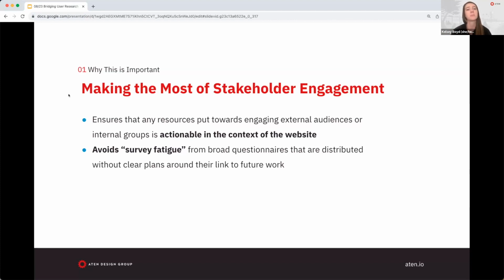We also see this as potentially having the ability to avoid survey fatigue, in that, again, we're avoiding that lack of clear direction from any engagement or surveys that are distributed internally, but that there is that clear link to future work, and that the users can really see their input and their participation as having a clear outcome in the work that you do and how you represent yourself externally.